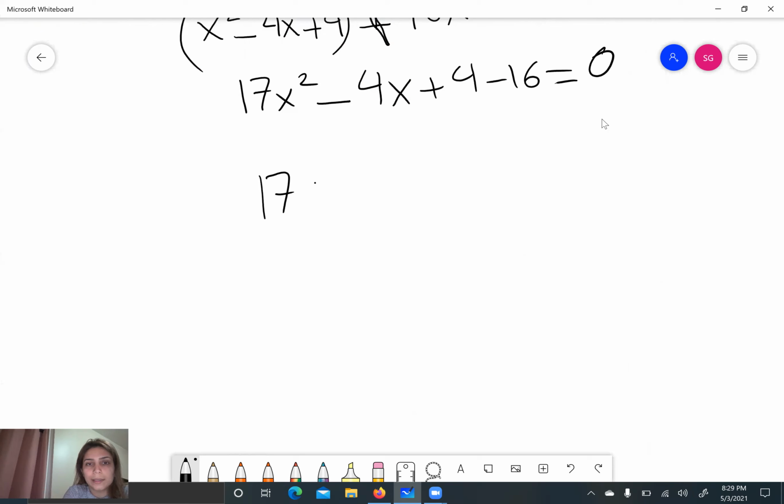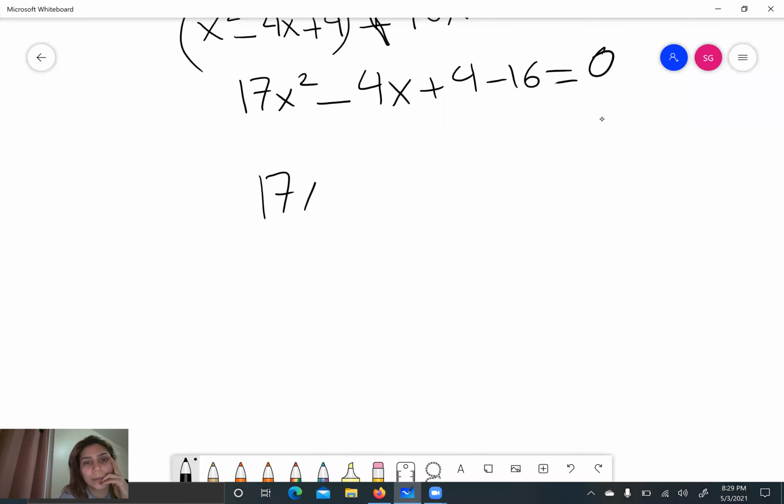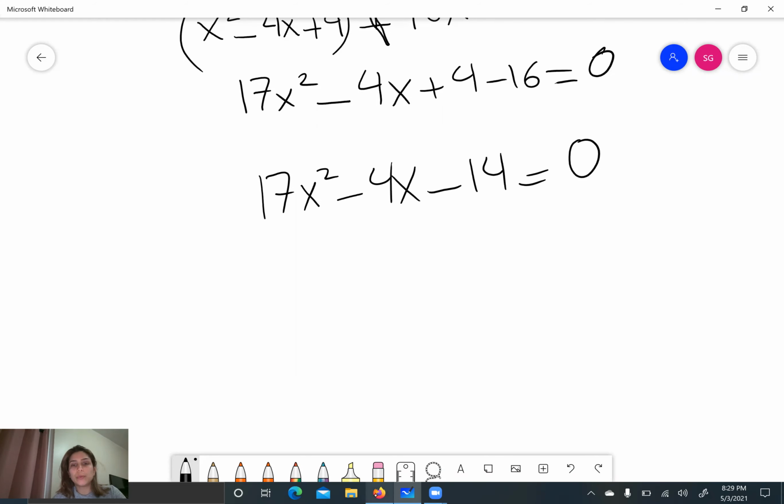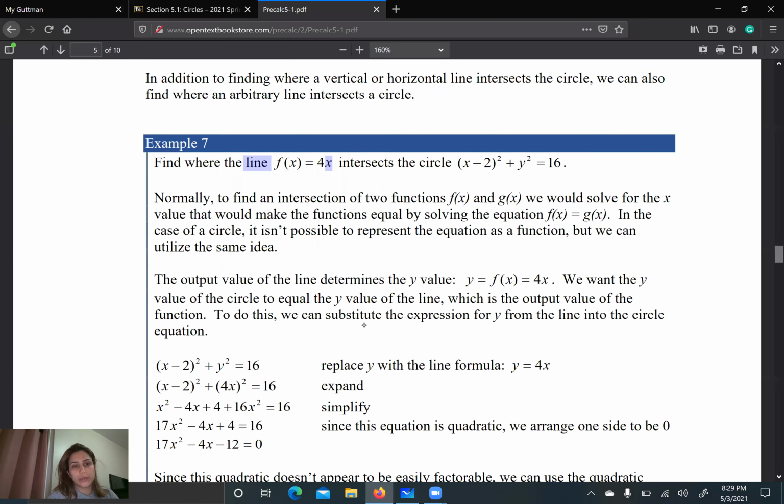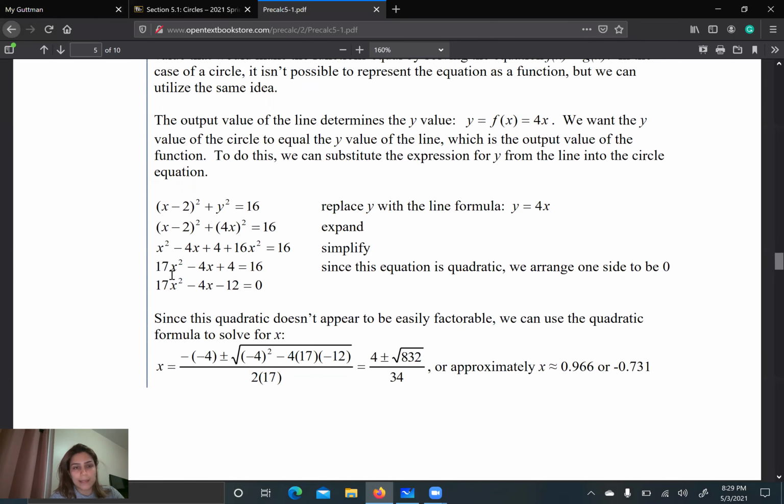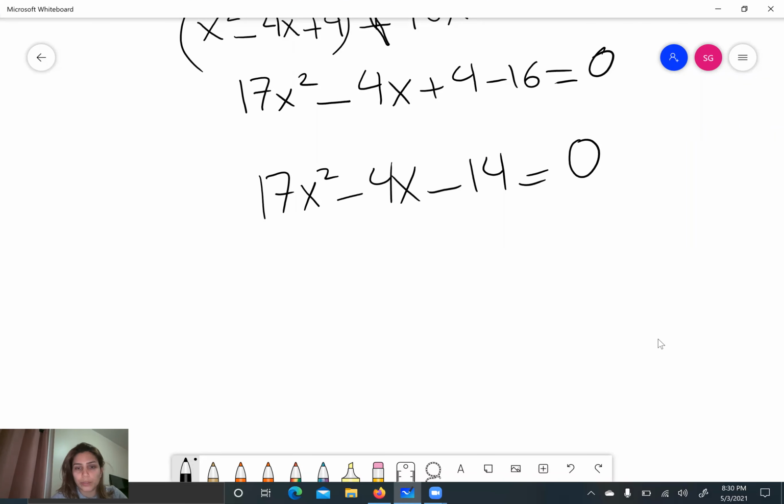Sorry. So 17x squared minus 4x minus 12 equals 0. I said 14, sorry, it's minus 12. Then we need to either factor it or use the quadratic formula to solve it for x.